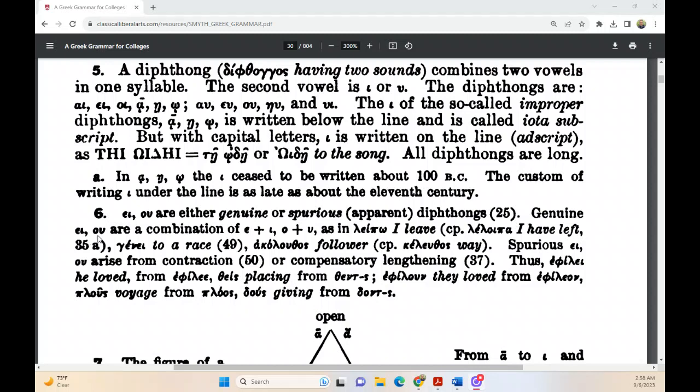Genuine ei and ou are a combination of epsilon and iota, or omicron and upsilon, and he gives us a couple of examples. The spurious forms of these two diphthongs arise from contraction or compensatory lengthening, and we're going to learn about those things later. You can see the article numbers given in the parentheses here.